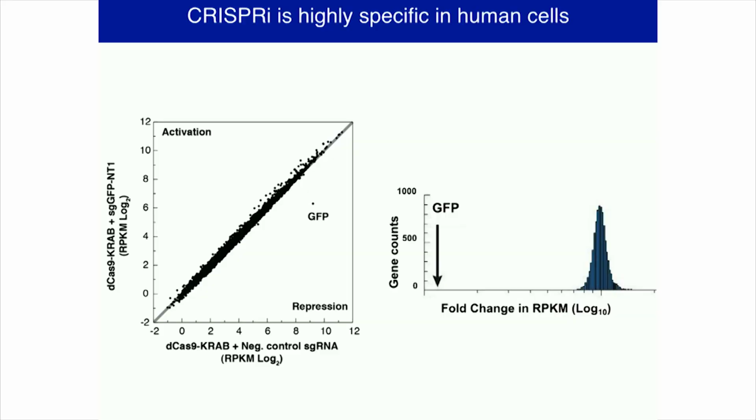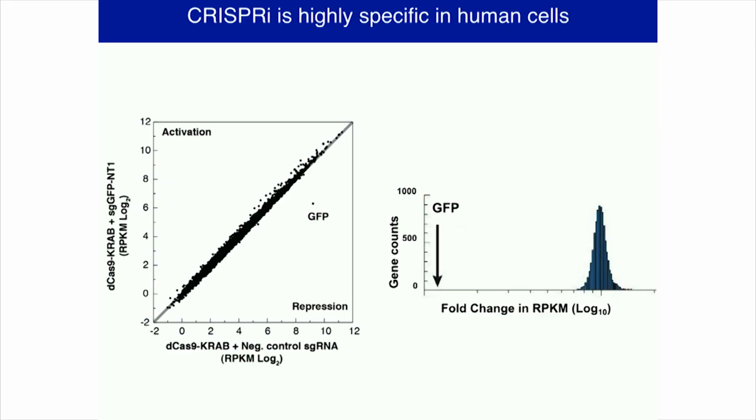So this is an example where we're targeting a green fluorescent protein that's been inserted into the genome and looking at RNA-seq analysis either in the cell that is expressing Cas9 and the guide against GFP here, or the cell that's not expressing the targeting guide RNA.